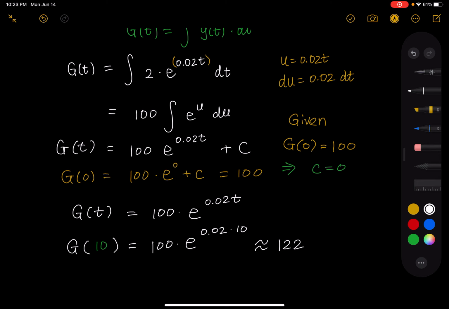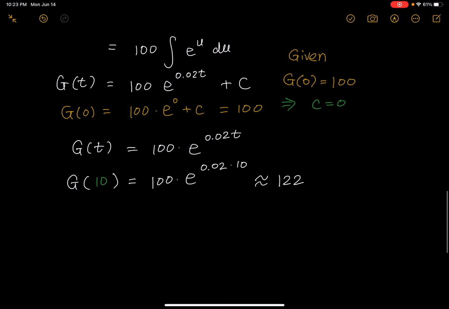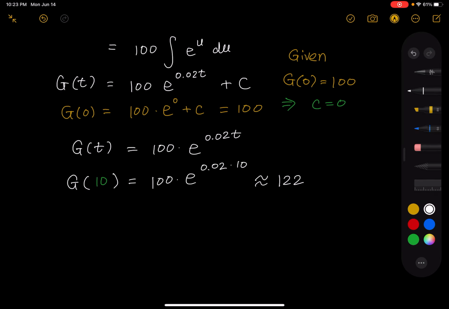And that is the same strategy as what we presented in example 1.40. It's just a little bit different from what the textbook is presenting. The textbook presented it this way: G of 10 is G at 0 plus the change.